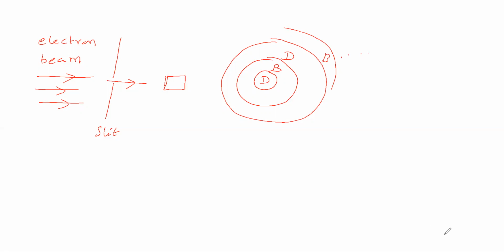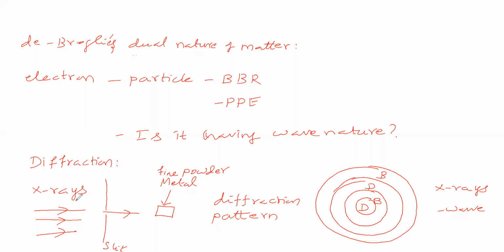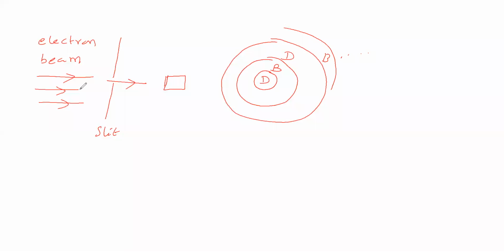For X-rays, the diffraction pattern is also like this: first dark, next bright, dark, bright, continuously. In that way, the electron beam also gives a diffraction pattern.